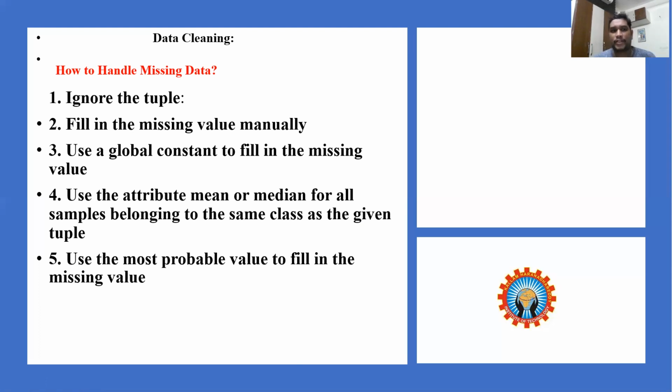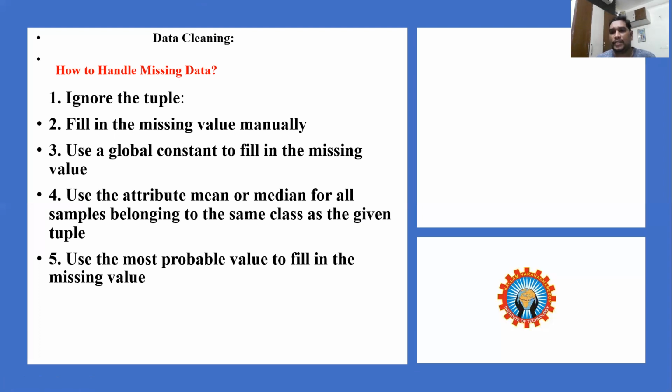In data cleaning, we take data from various repositories and store it in our database. In that scenario, the first mechanism is that if no data is available in the database, you have to handle the missing data.